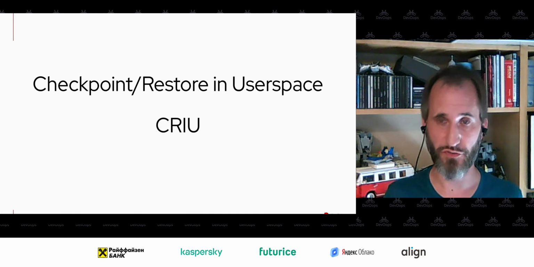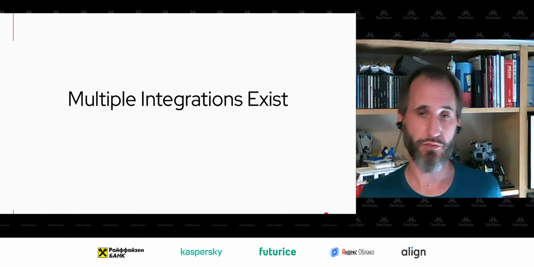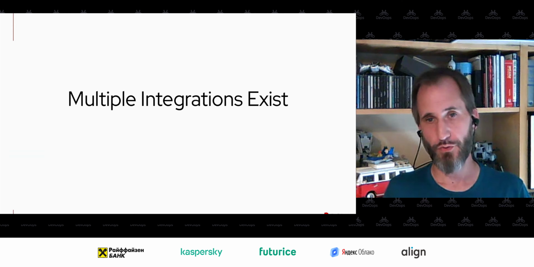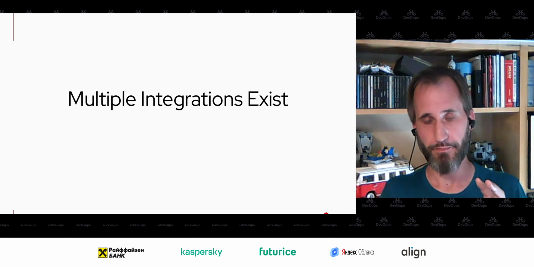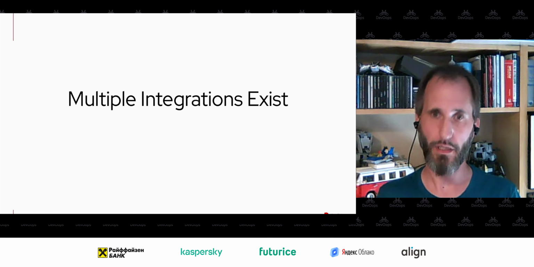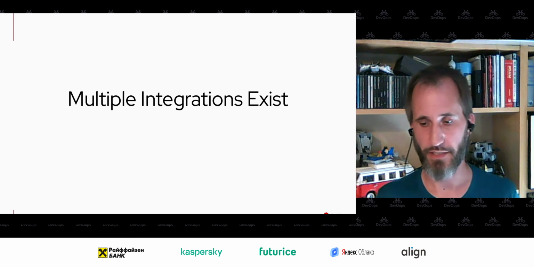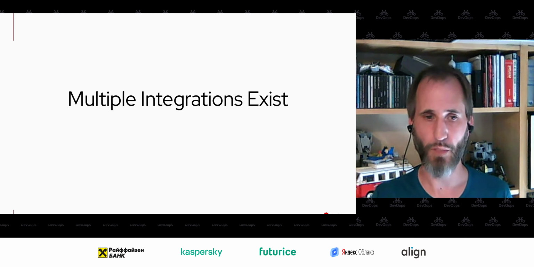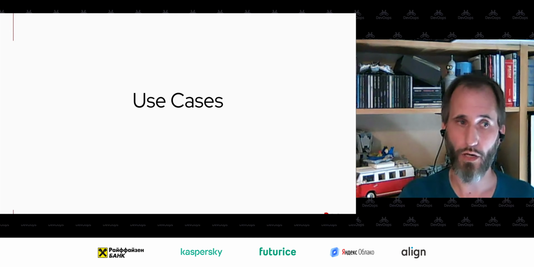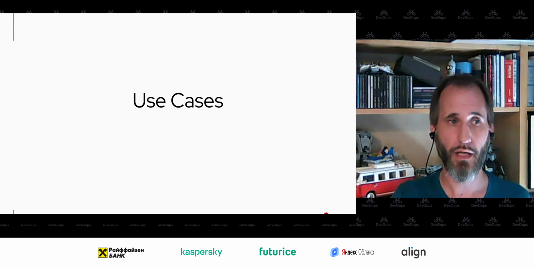CRIU is checkpoint restore in user space, and there are multiple integrations of CRIU in different container engines. I will try to list a few of them, but my focus when doing demos will be the CRIU integration into Podman and how you can migrate and checkpoint containers using Podman.